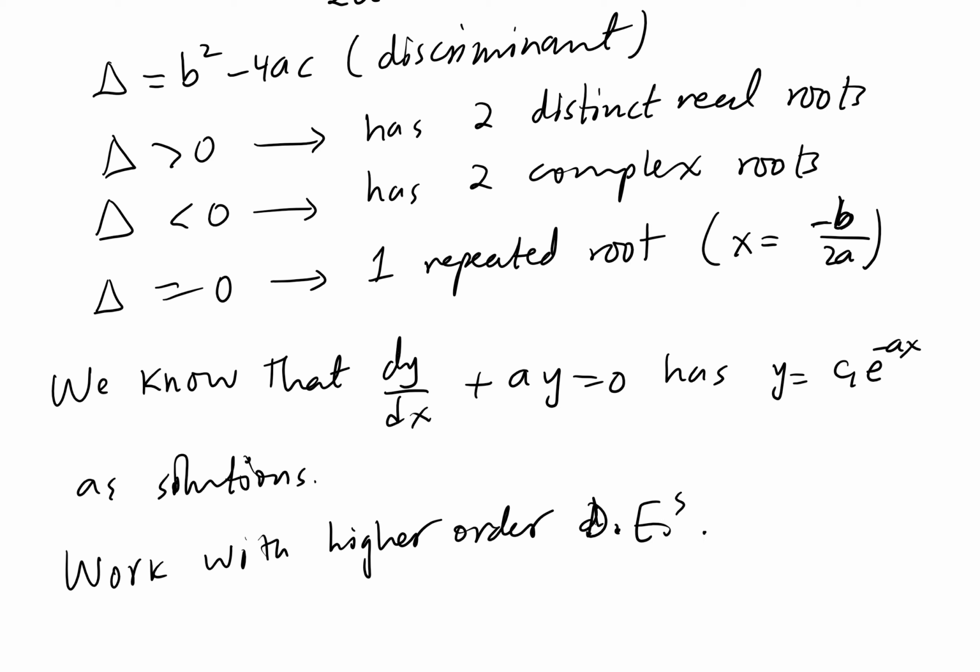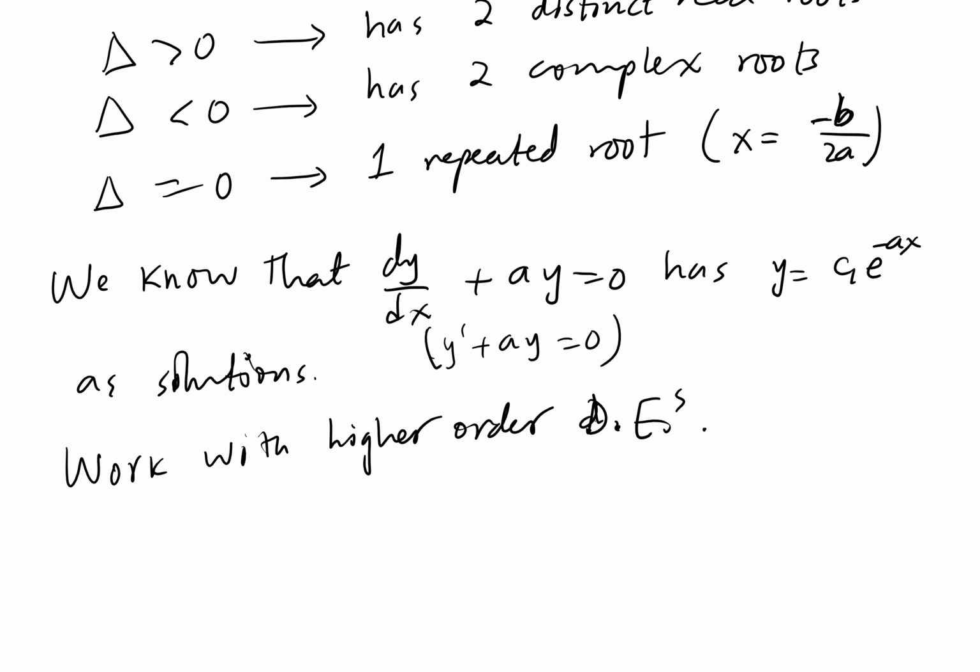The first one was linear, y prime plus ay equals 0. We are going to look at higher order differential equations, starting with the second order: a y double prime plus b y prime plus c y equals 0.